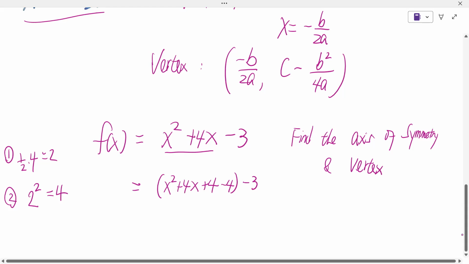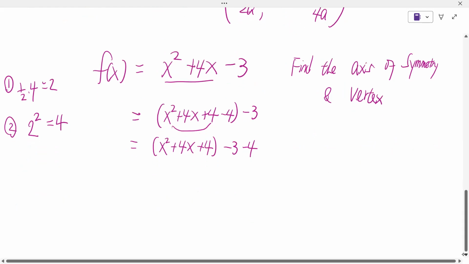Now we're going to keep those three terms here and move this outside. So we get x squared plus 4x plus 4, then we get minus 3 minus 4. Now we get (x plus 2) squared, this is the perfect square, minus 7.